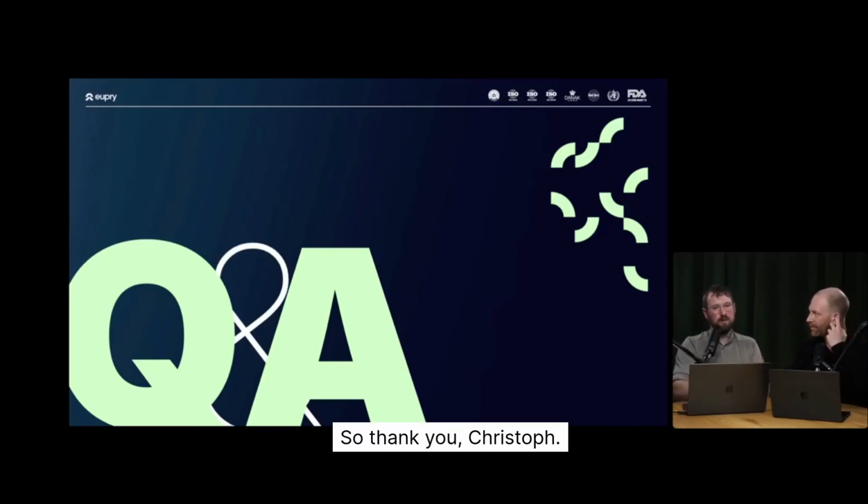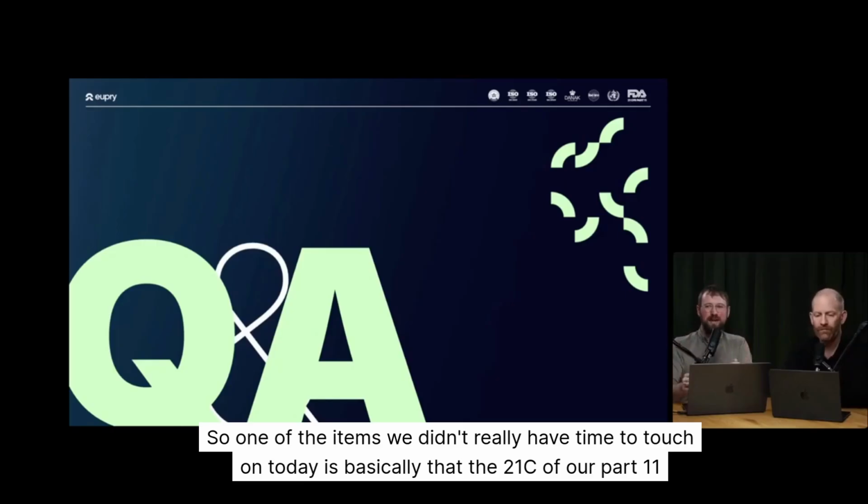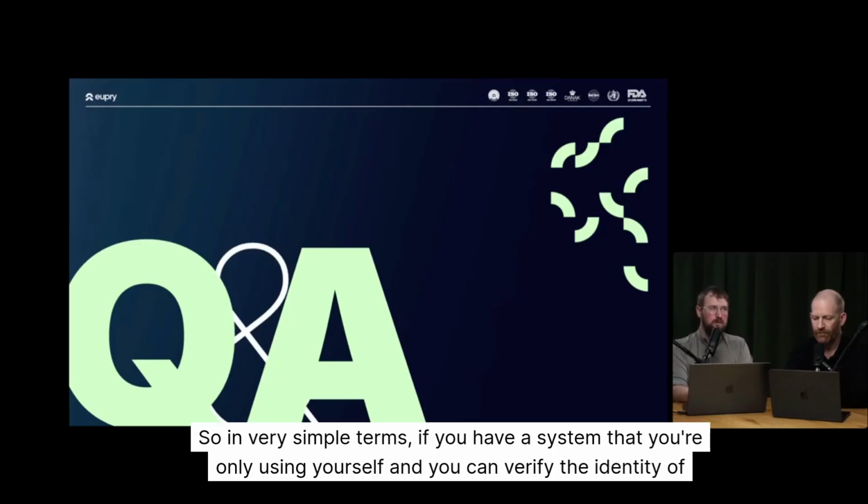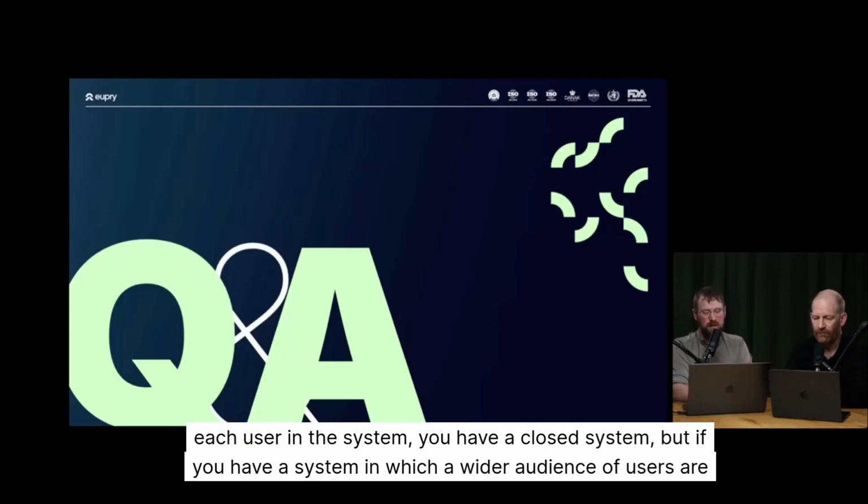Thank you, Christoph. One of the items we didn't have time to touch on today is that 21 CFR Part 11 distinguishes between open and closed systems. In very simple terms, if you have a system that you're only using yourself and you can verify the identity of each user, you have a closed system.